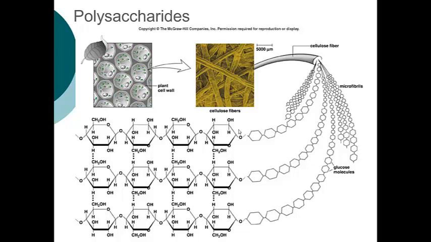When we talk about cellulose, it's perhaps up to 5,000 of them in a single one of these strands that in turn is going to wind around other strands to make up the actual cellulose fiber.